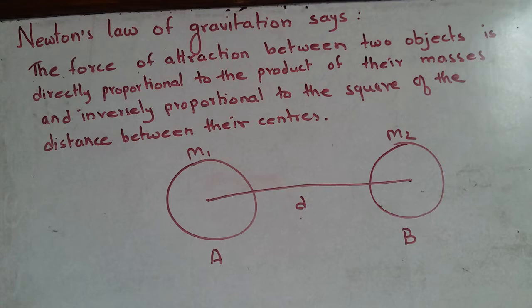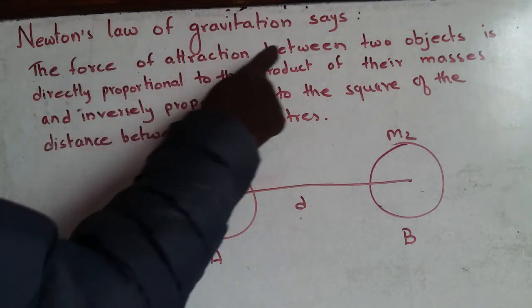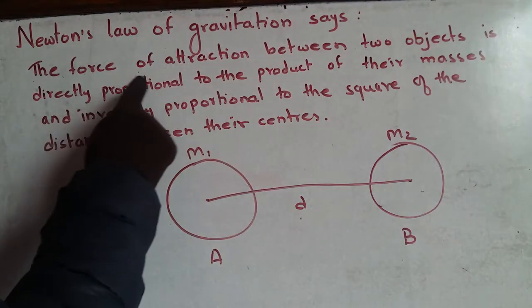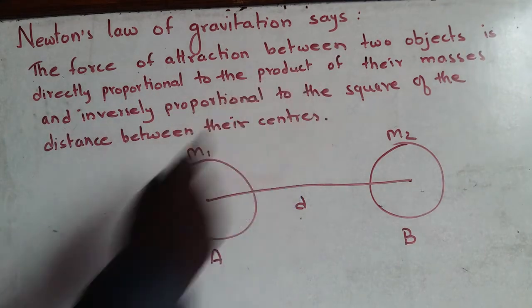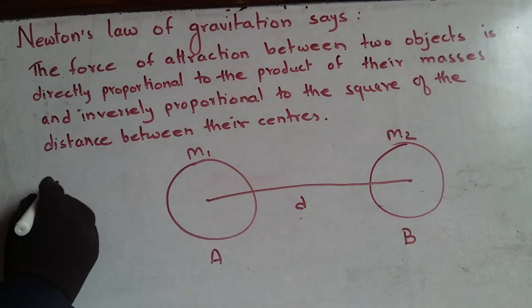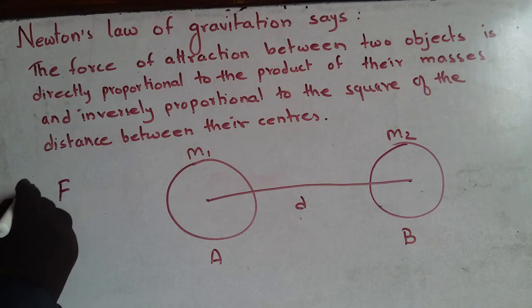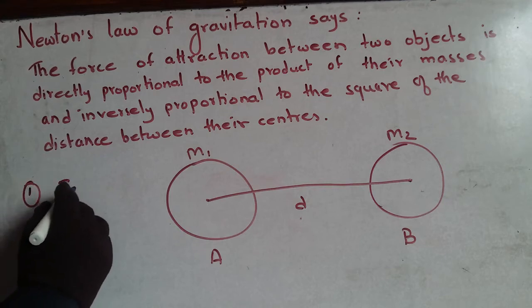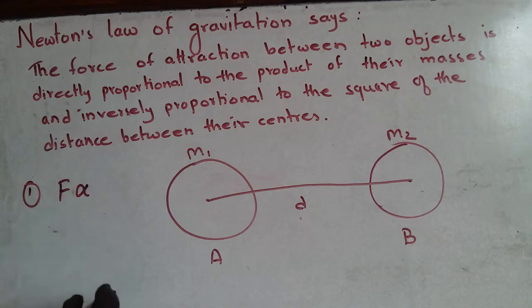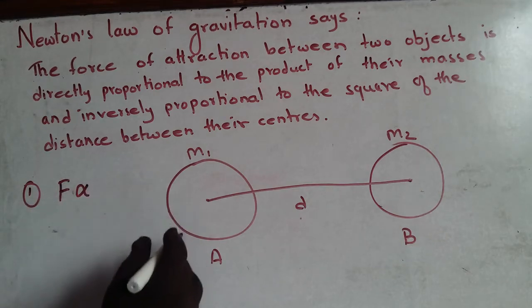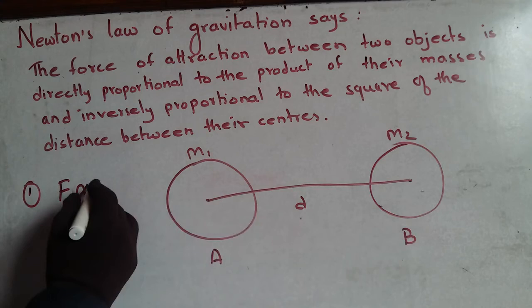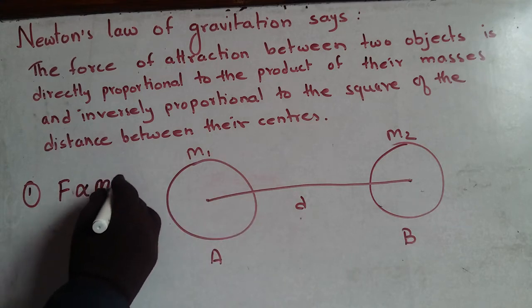Now we will break the law into two parts. The first part: the force of attraction between two objects is directly proportional to the product of their masses. It means the force of attraction is directly proportional to the product of the masses of the two objects A and B, that is m1 times m2.